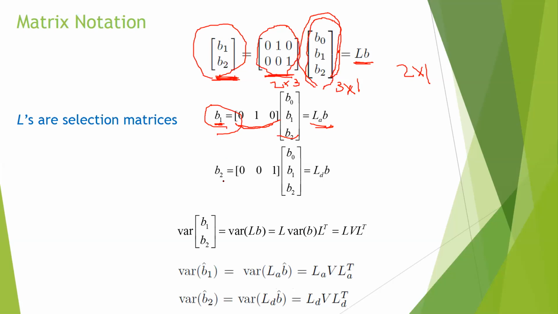So we always use the full vector of the 3 parameters, but we can change the design matrix to identify the things we are interested in testing. Now suppose we want to test B1 and B2 simultaneously. The variance of this linear combination is this.